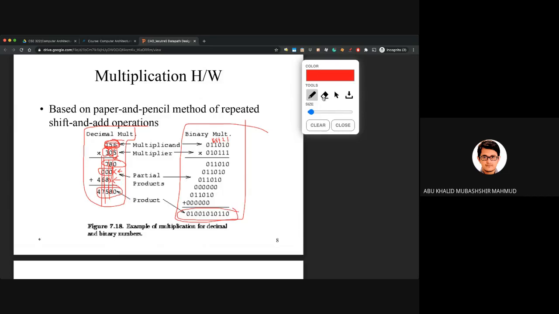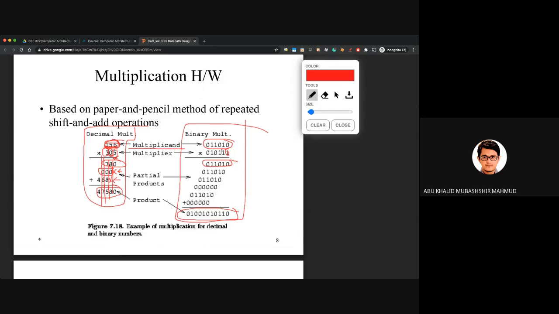What happens here is that this digit 1 is multiplied with the multiplicand 0111010, which is 26, and we get 26 right here.